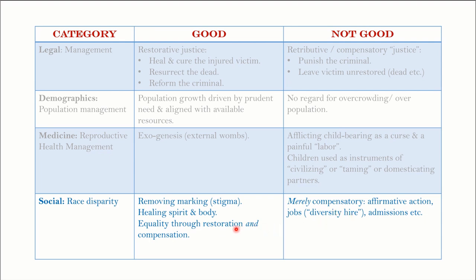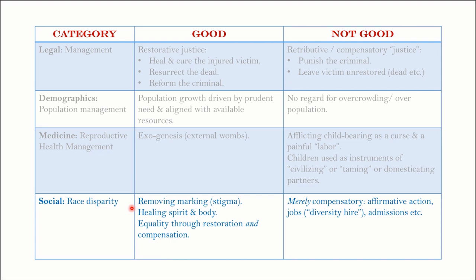These acts are commendable and supported, but they are mere compensation, right? What is required is for justice to be accomplished. What is required for justice to be accomplished is restoration. It is the healing in body and spirit of the stigmatized non-white, non-Nordic races.